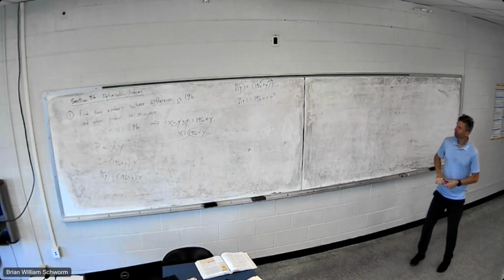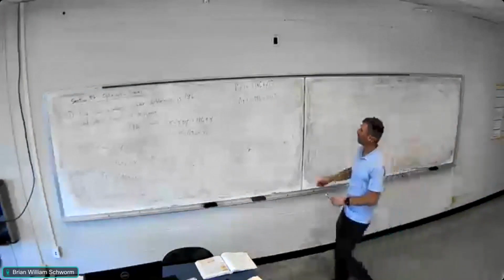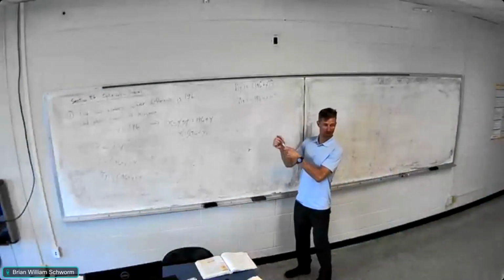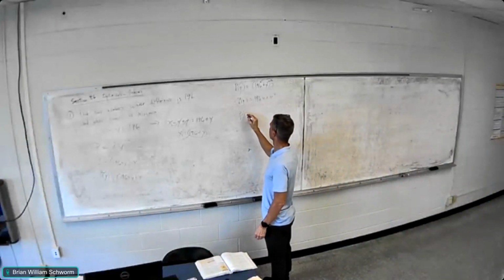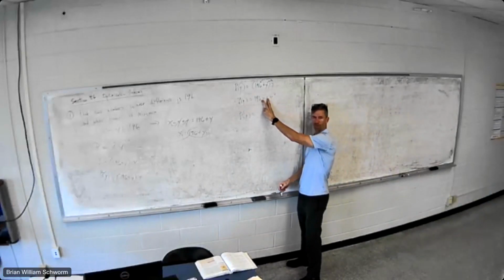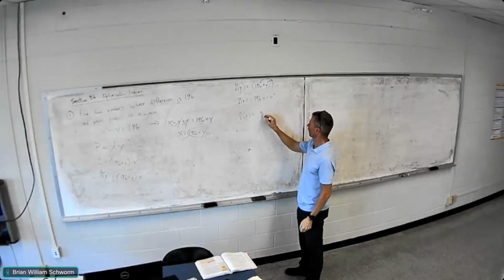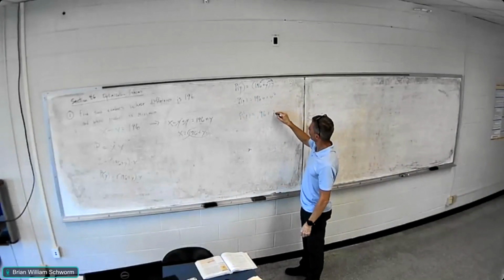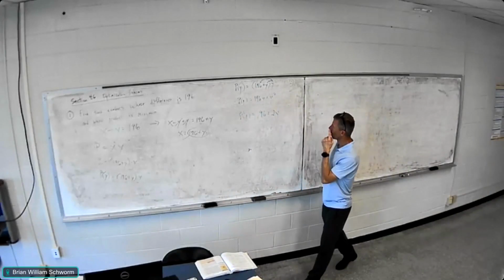So I want to find the minimum. So I need to take the derivative. Derivative of 196y is 196 plus power rule there, 2y to the 1.